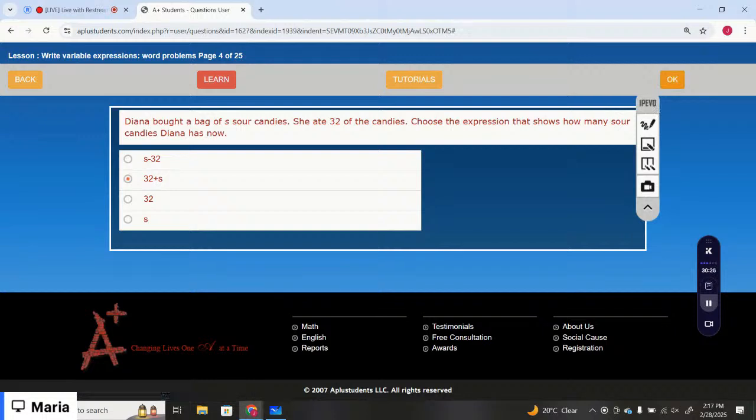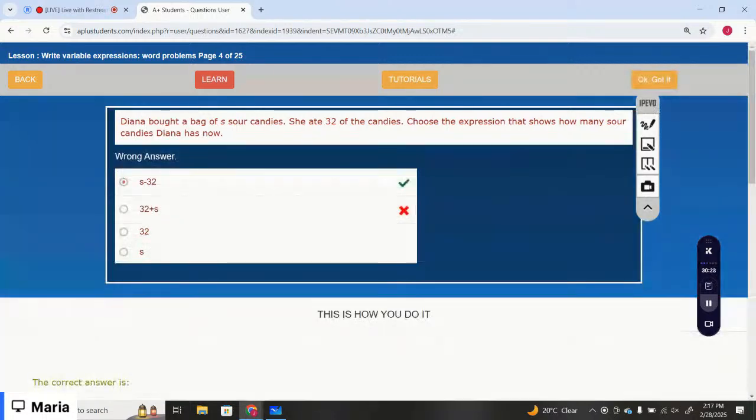Option number 2 is the correct option. That is s minus 32.